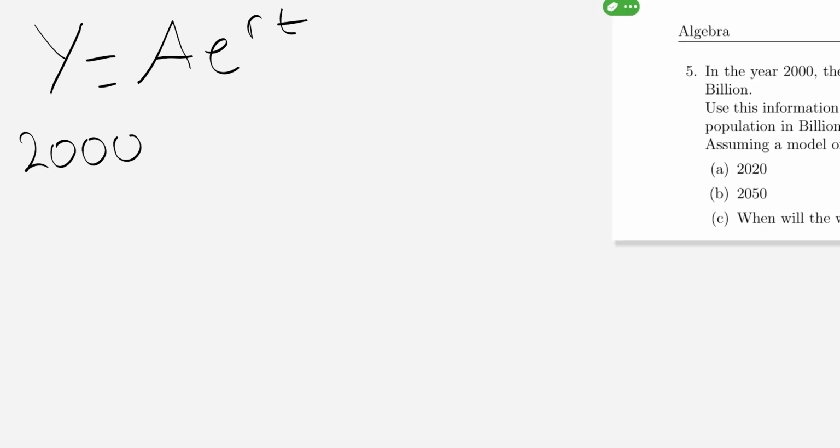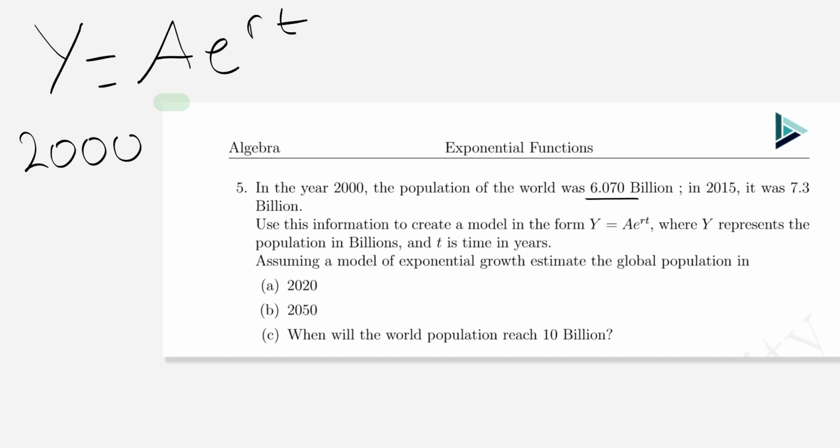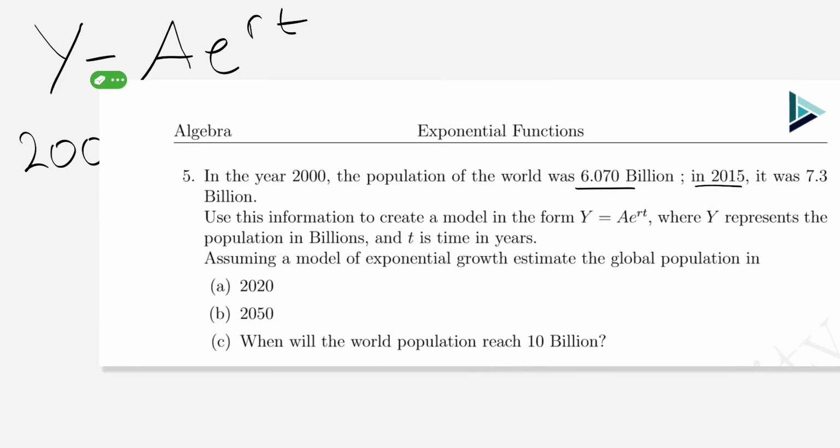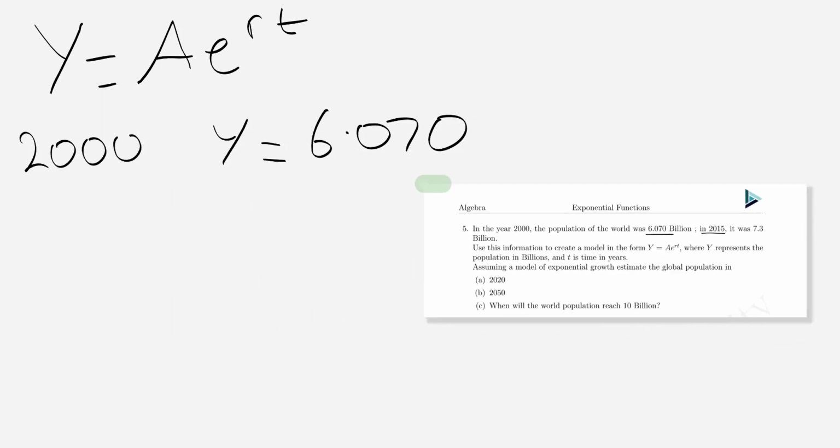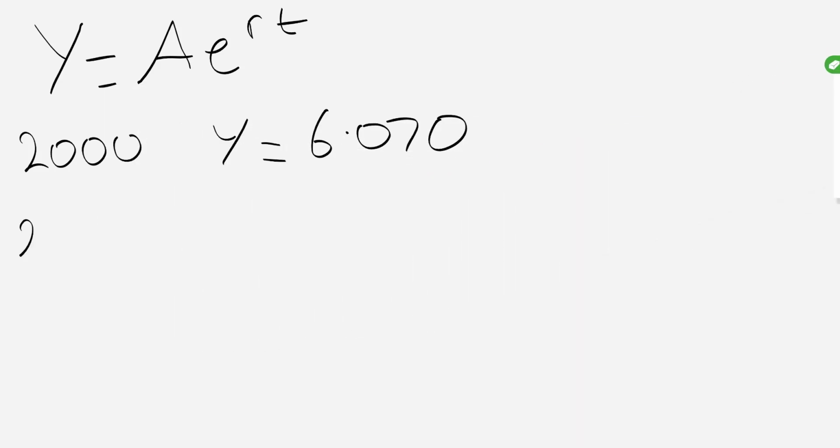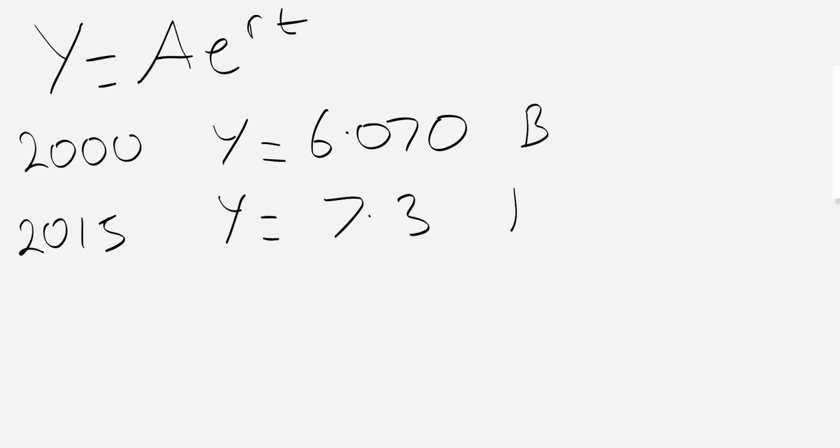So in the year 2000, y representing the population is 6.070. And in the year 2015, the population was 7.3 billion. Now these are in billions, that's 6.070 billion and 7.3 billion.